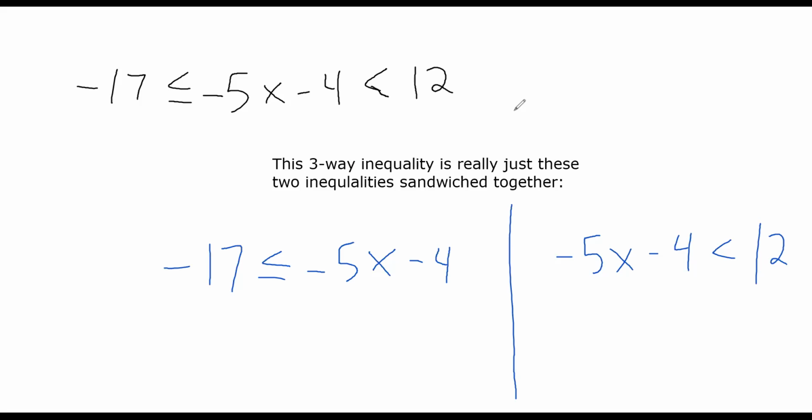So now let's think about how we'd solve each of these individually. To solve this one, you'd add 4 to both sides to start, right? Completely ignore the other one, pretend it's not even there. I would just add 4 to both sides to get the ball rolling. So plus 4.